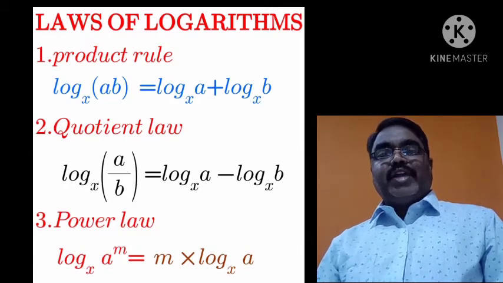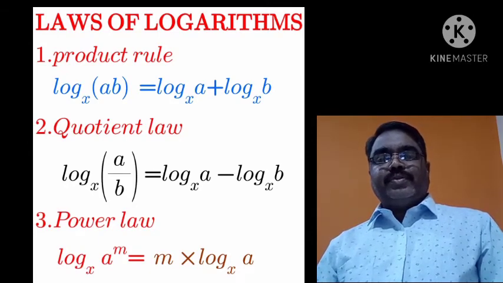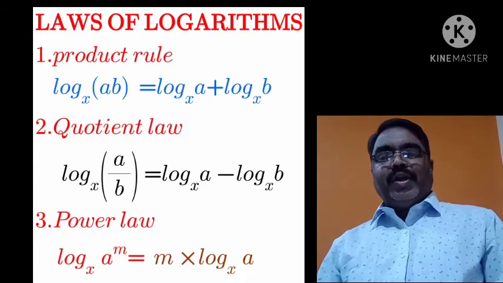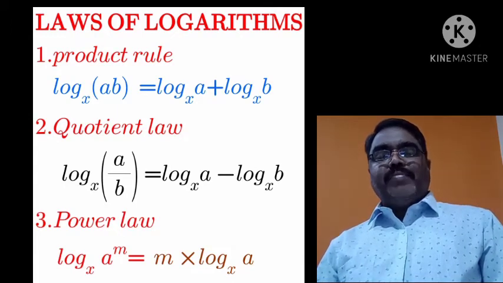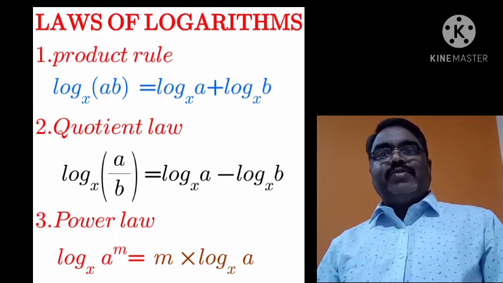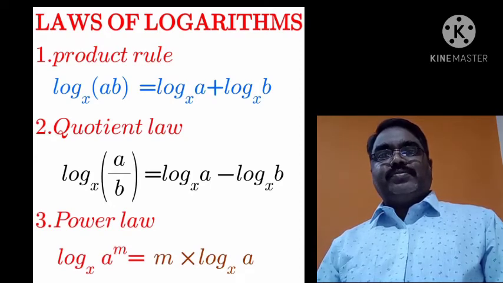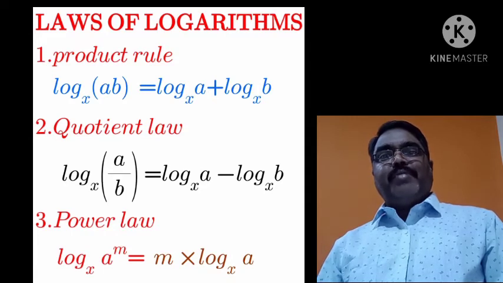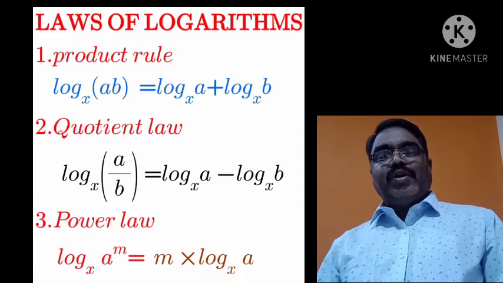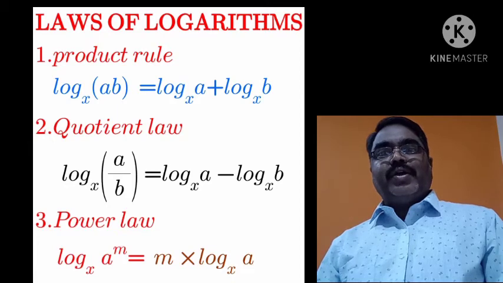Let us see the second one, quotient law. Logarithm of a by b is equal to log a minus log b. That means logarithm of quotient is equal to the difference of their logarithms, which means logarithm of a by b is equal to log a minus log b.